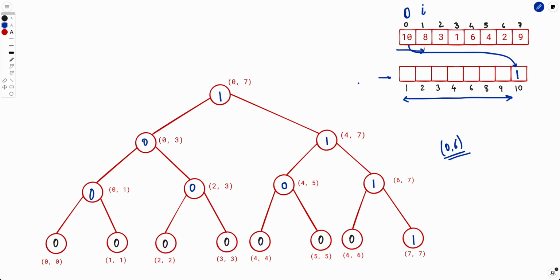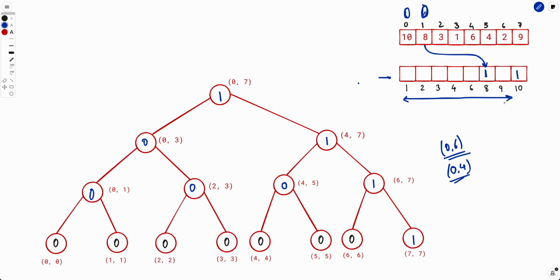And now for 8, again, you will do the same thing. You will see that 8 is mapped to this particular index, which is 5. So you will simply do a range query in the range 0 to 4, and again you will get 0. So the answer for this particular index would be 0. And after getting the answer, you will also activate 8 because now 8 would be contributing to the next set of indexes.